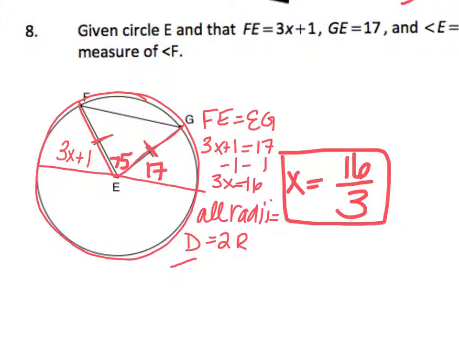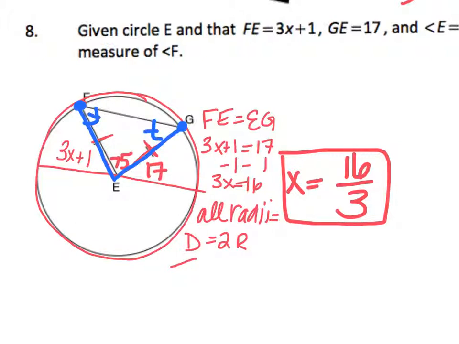The last thing we've got to talk about is the measure of angle F, so this angle over here. Remember way back in level 2, I told you to trace the sides that were congruent. Notice we've got a triangle. This is an isosceles triangle. The angles that are congruent are always going to be at the ends of your 2 congruent lines, so F and G are the angles that are congruent.